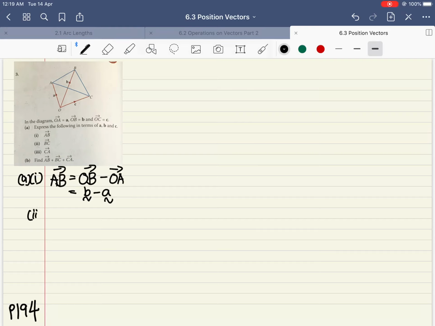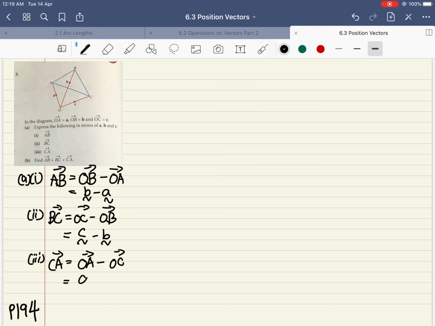So AB is simply B minus A. Similarly, for BC, second letter OC minus the first letter OB, so I get C minus B. Similarly, for CA, second letter minus first letter is OA minus OC, which gives me vector A minus C.